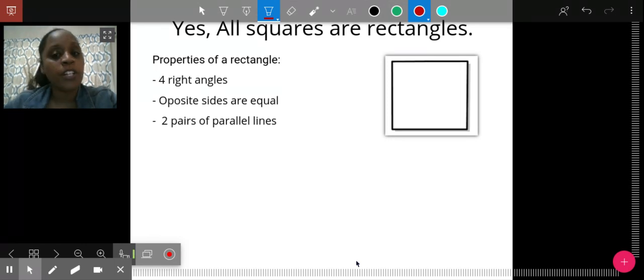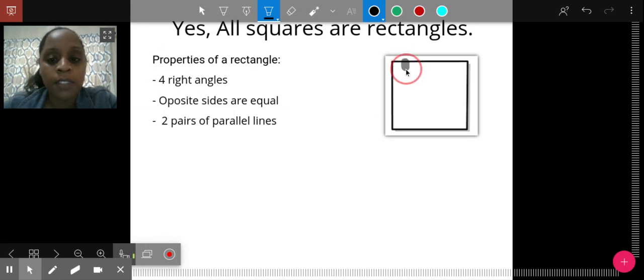All squares are rectangles. Let's think about what you need in order to be a rectangle. So, the properties of a rectangle, just to refresh our memory. 4 right angles, opposite sides are equal, 2 pairs of parallel lines, right? Let's think about if a square fits those characteristics. Does a square have 4 right angles?